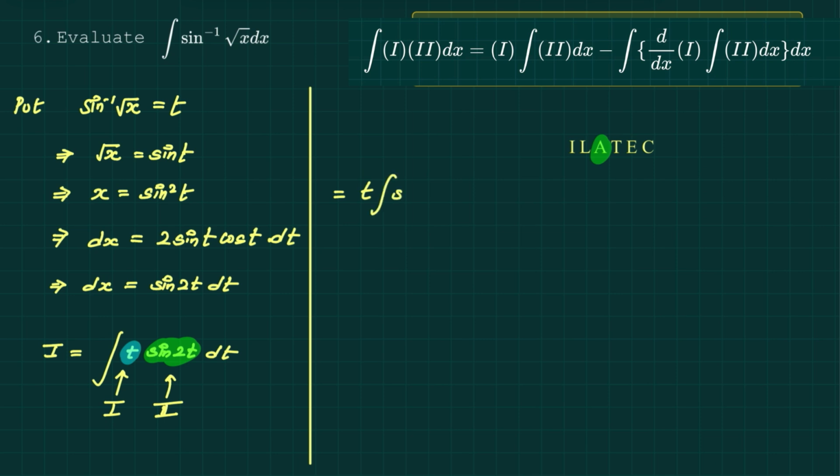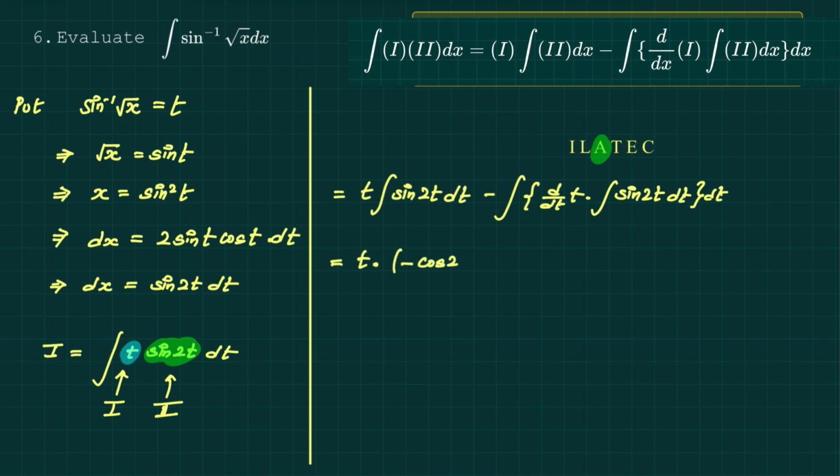first function into integration of second function minus integration of the derivative of first into integration of second dt. So this equals t into integration of sine 2t, which is minus cos 2t over 2, minus integration of d/dt of t, which is 1, and integration of sine 2t is minus cos 2t by 2, dt.